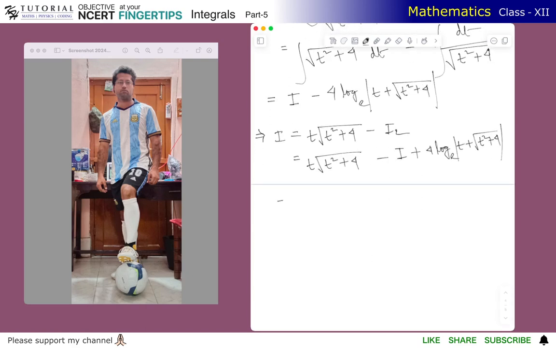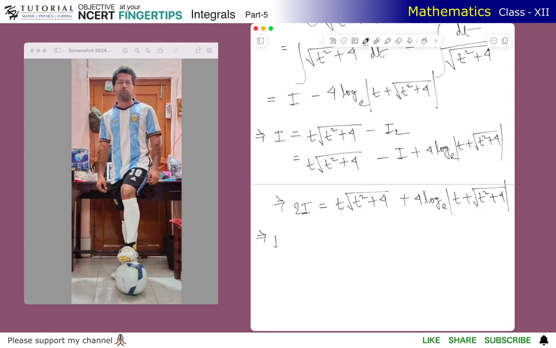So this implies twice I equals t into root over t square plus 4 plus 4 log e of t plus root over t square plus 4.